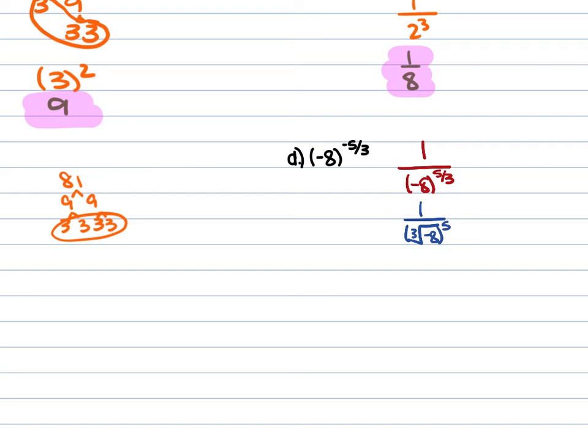The cube root of negative 8 is negative 2, so that's 1 over negative 2 to the 5th power. That negative 2 to the 5th power is going to leave us with a negative 32, so that's 1 over negative 32. Now that negative, you can bring it to the front of that fraction or up top. It does not stay in the denominator, so it's just negative 1 over 32.